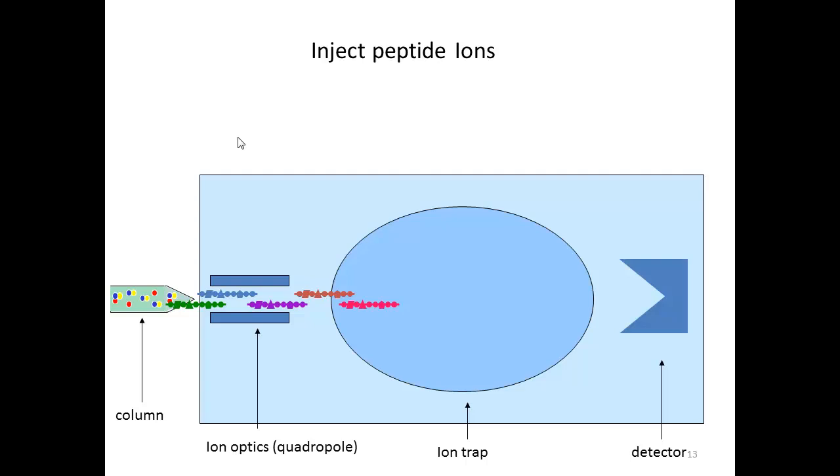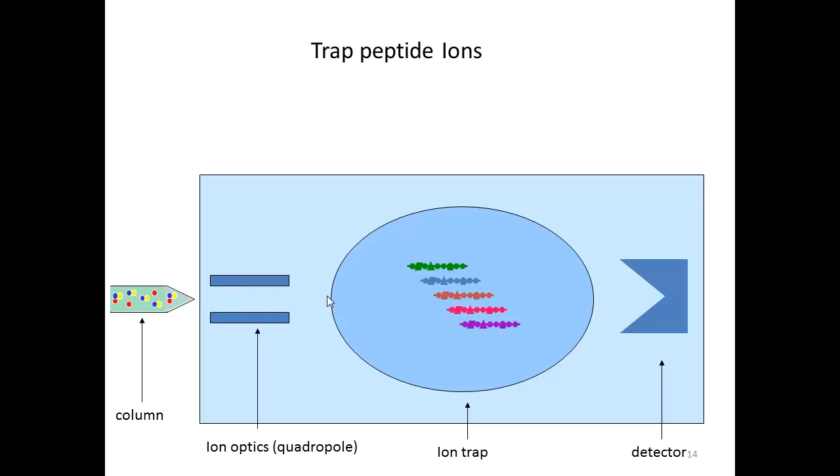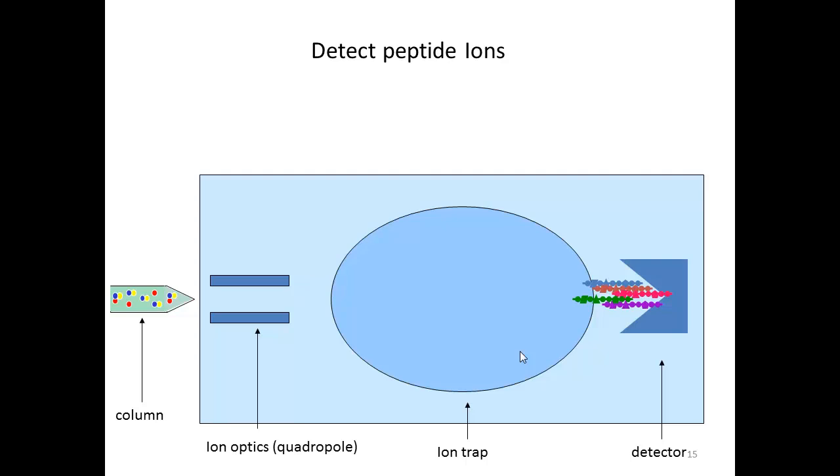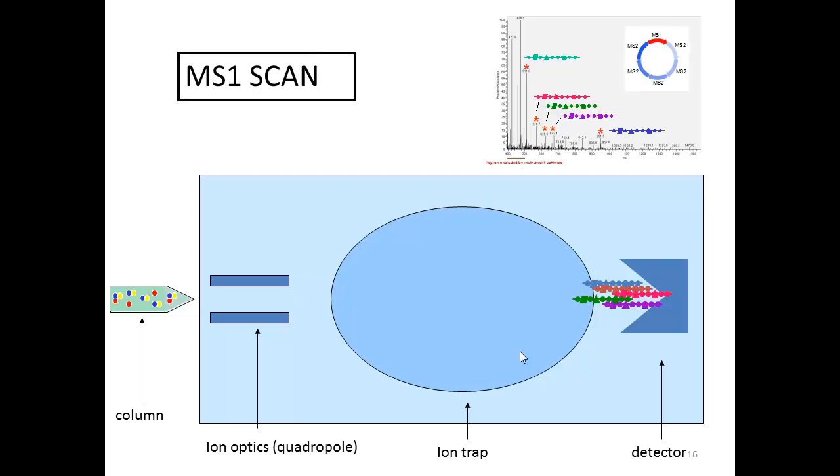Here the peptides are being injected. They're being isolated. At first, all of them are being isolated in the ion trap, and they will all be released to the detector at the same time, and this is going to produce the MS1 scan. This is going to be the snapshot of all ions that are eluting off a column at a particular time.